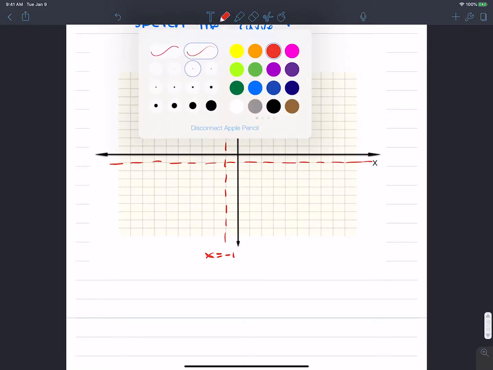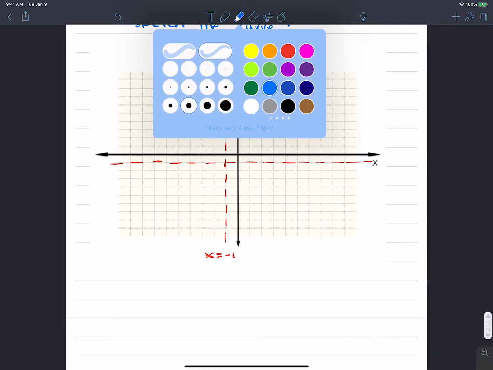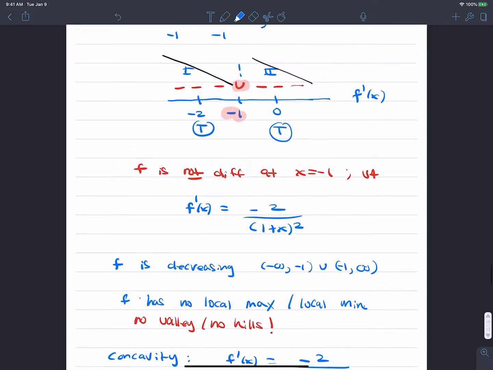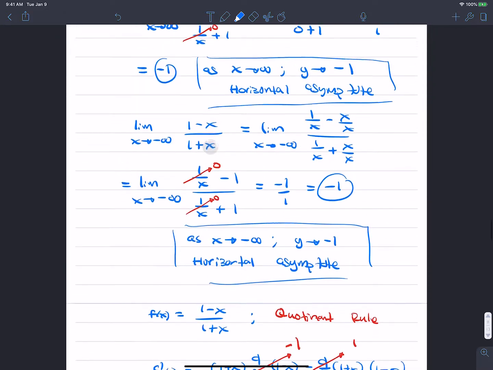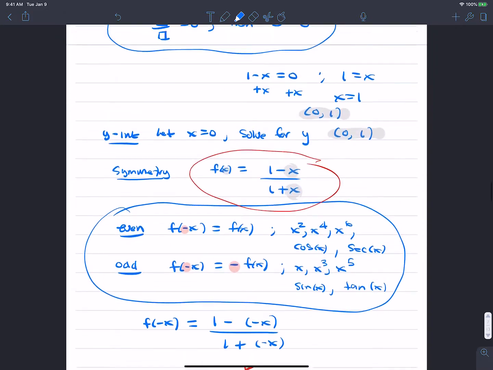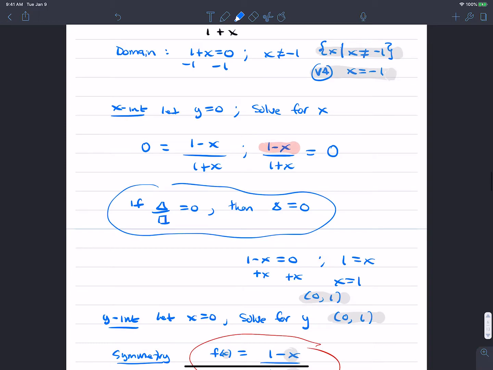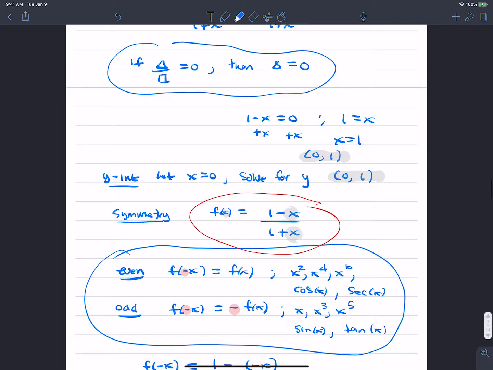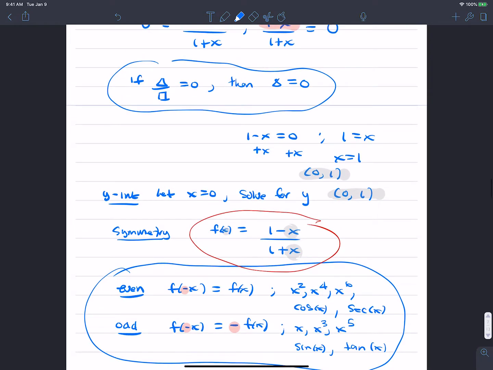Now, what's the location here of our intercepts? Where do you have an x and y intercept? Let's go back. We got to find our intercepts here. Well, we got an x-intercept where? Oh, 0, 1. And our y-intercept, something's bothering me here. Yeah, here we go.